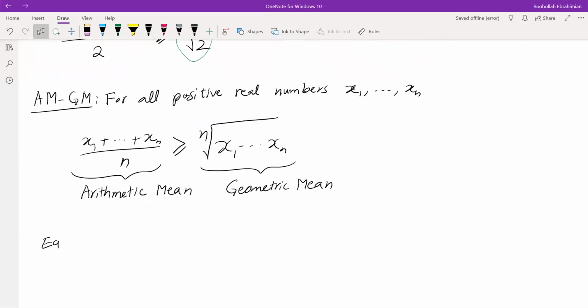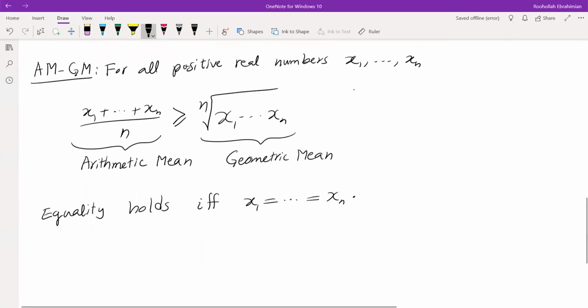Furthermore, equality holds if and only if all of those positive numbers are the exact same. If they're all the same, then you have equality. And if at least 2 of them are not the same, then you don't have equality.